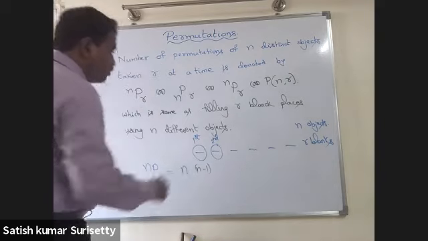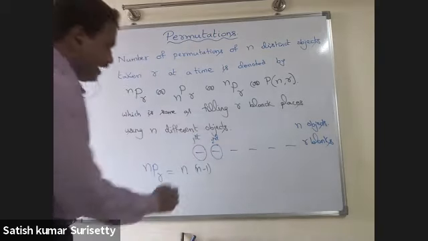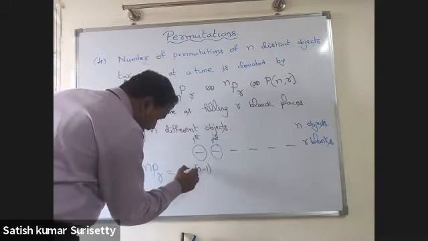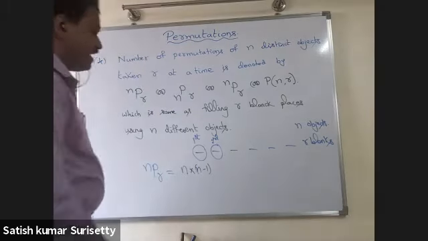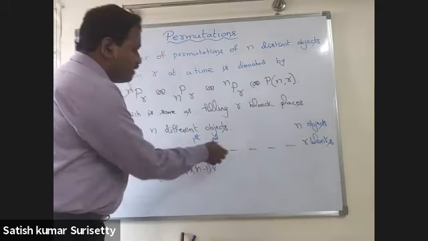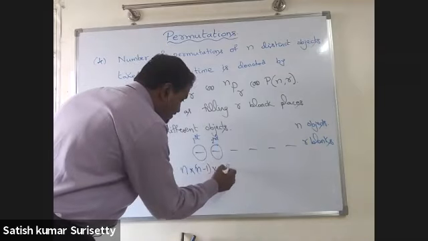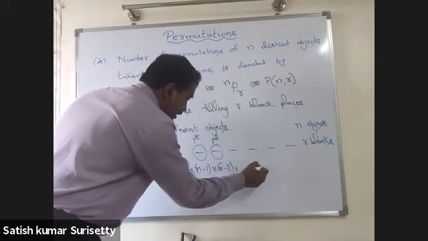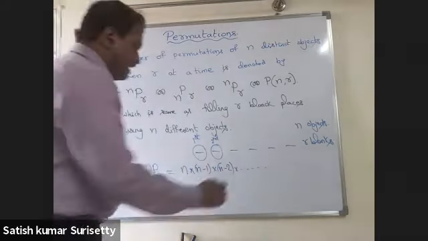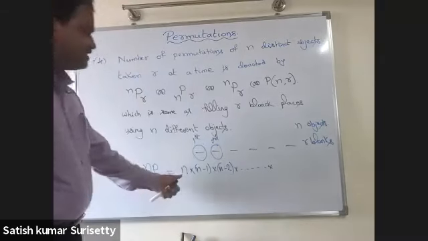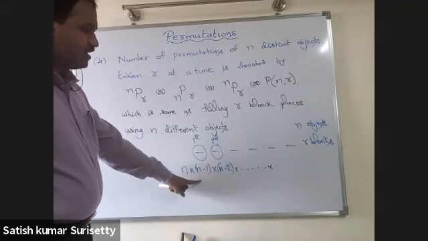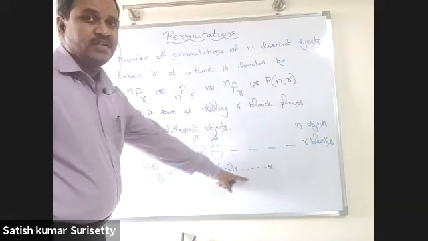Now the first two blanks in succession can be filled in n into n minus 1 ways. In the same manner, the third blank in n minus 2 ways, and so on, up to the rth blank. So the first blank is n, second is n minus 1, third is n minus 2, and so on.